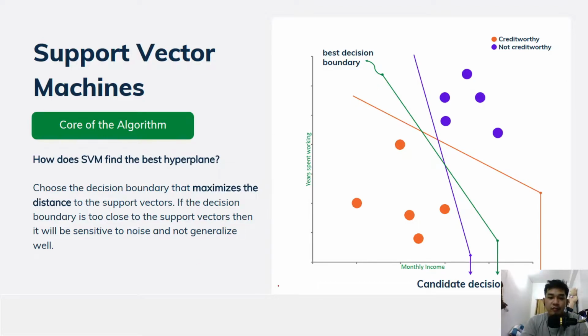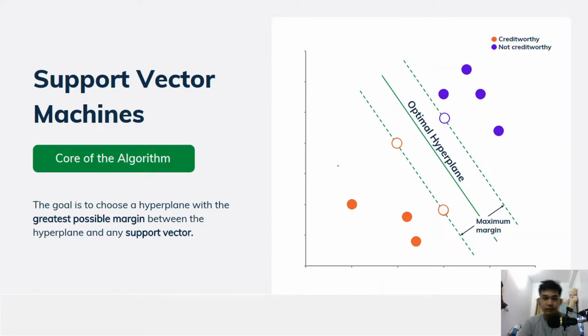The main objective of SVM is to find the best decision boundary or the best hyperplane, by finding out which hyperplane has the maximum margin distance to the support vectors. As I've said, the goal is to choose a hyperplane with the greatest possible margin between the hyperplane and any support vectors.